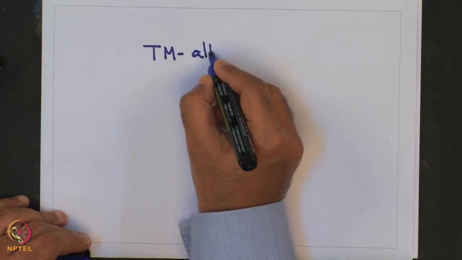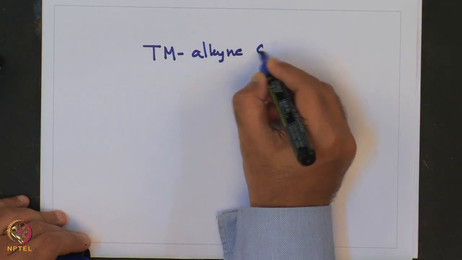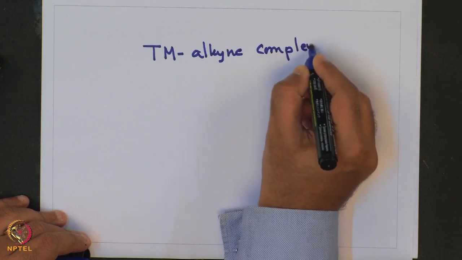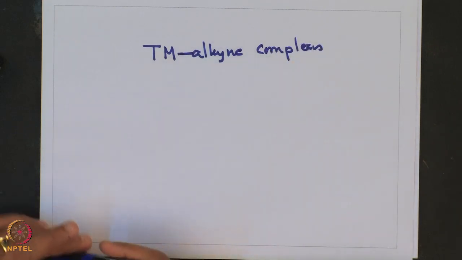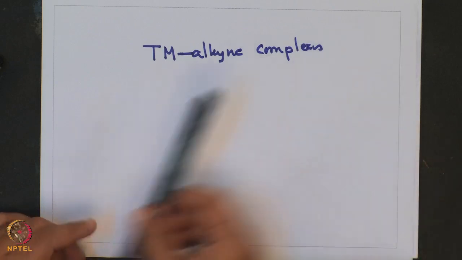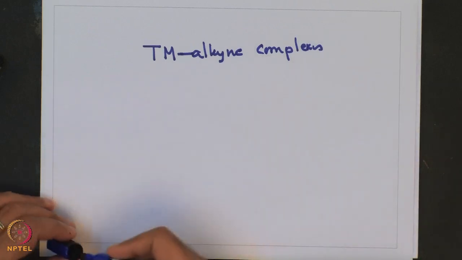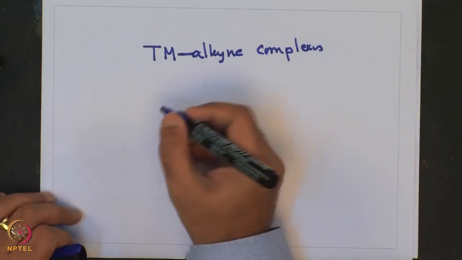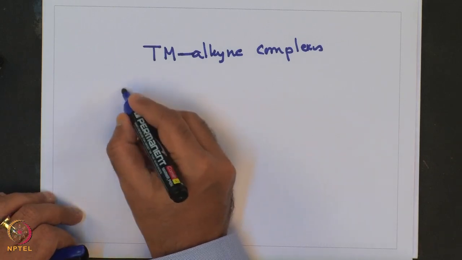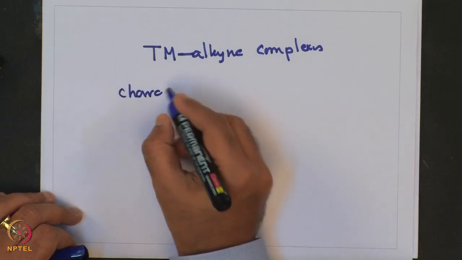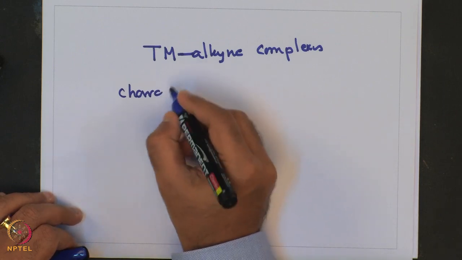Now, let me summarize what we have talked about regarding these transition metal alkyne complexes in this particular lecture. We have looked at the characterization aspect of these transition metal alkyne complexes, particularly with respect to X-ray, IR and NMR data.